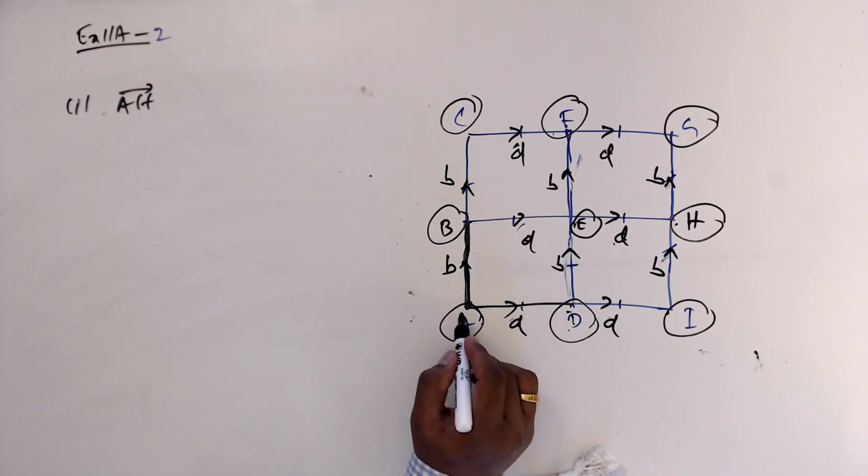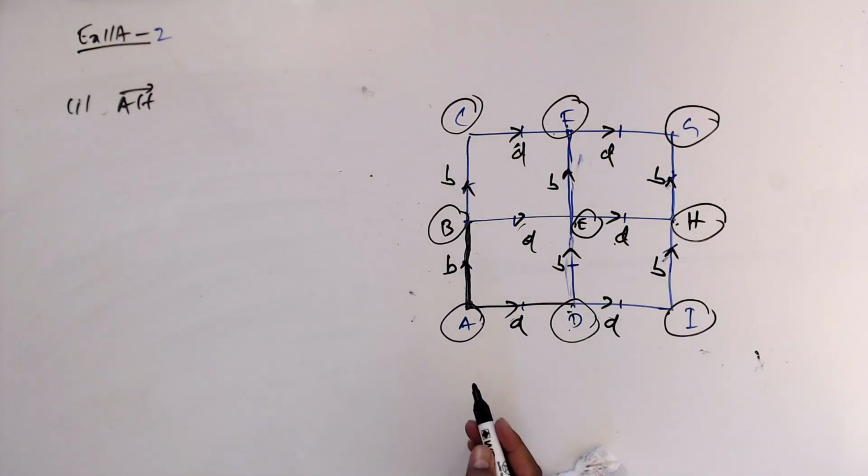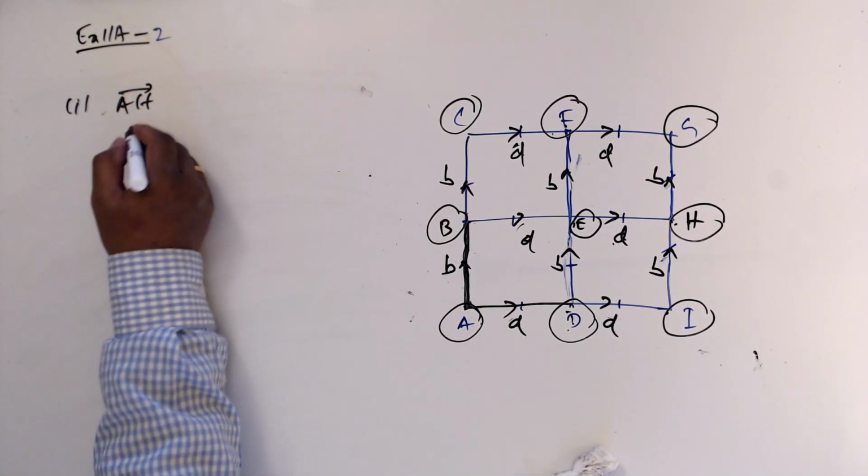So next one is AH. We can count so many routes. We have 3 routes. We'll write all the routes, but we don't need to.